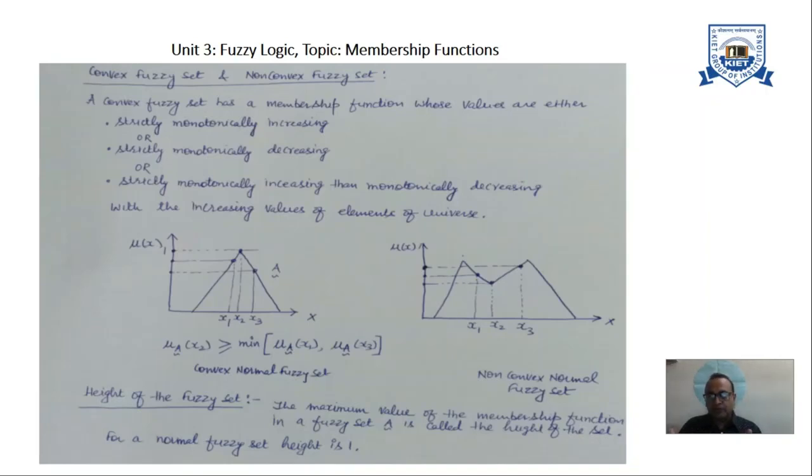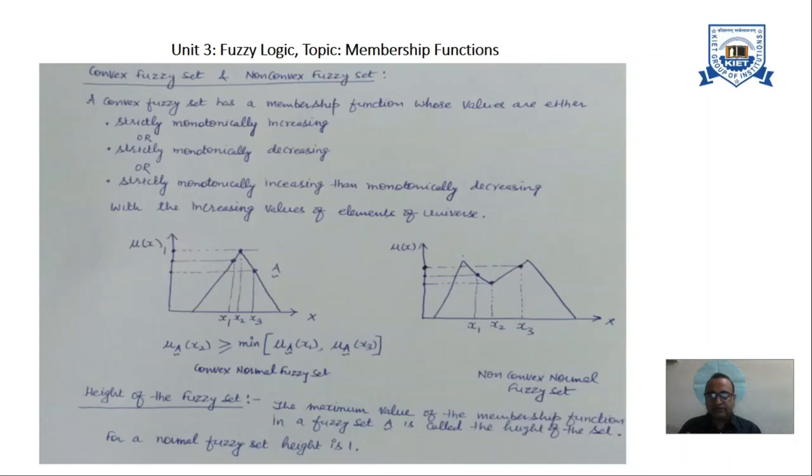In a normal fuzzy set, height is 1, and in a subnormal fuzzy set, the height is less than 1. I am again repeating, a normal fuzzy set means a fuzzy set which contains at least some elements for which the membership value is 1, and in that scenario the height is 1.